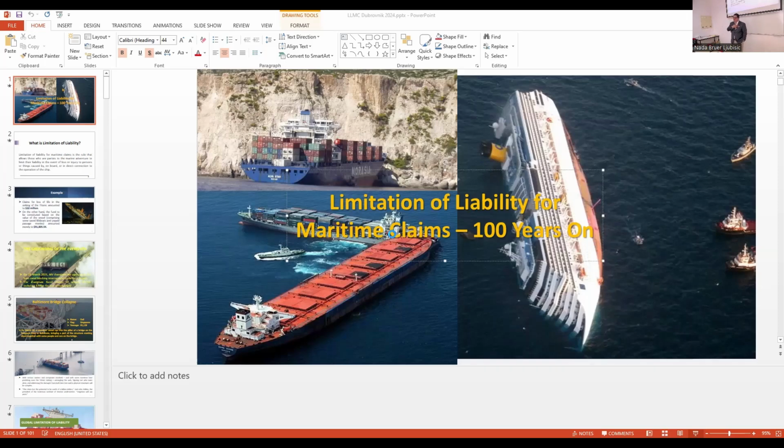Imagine I'm the shipowner and I cause damage to all of you. So I say, okay, no problem, I keep on navigating. So for how long? Until my ship is arrested. And that costs time and money, and I don't want my ship arrested. So I might as well institute limitation proceedings, perhaps constitute a fund. And like that, you will not arrest my ship.